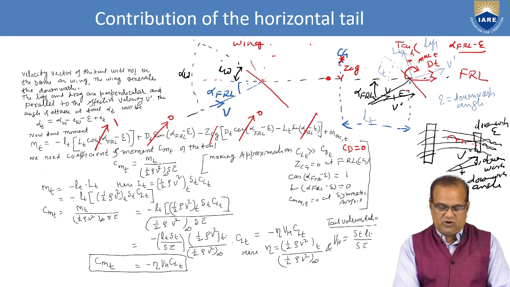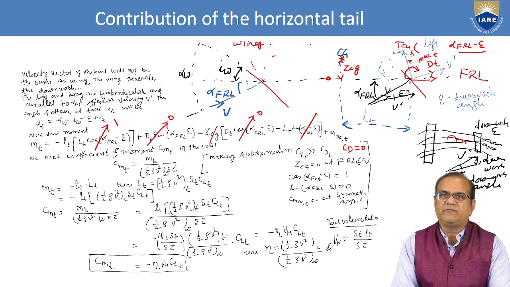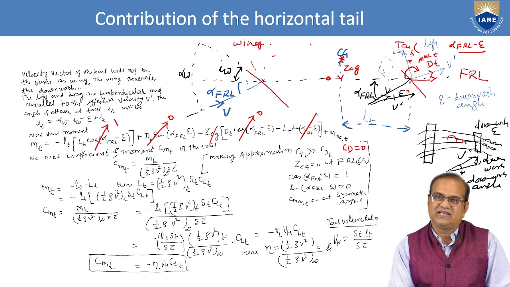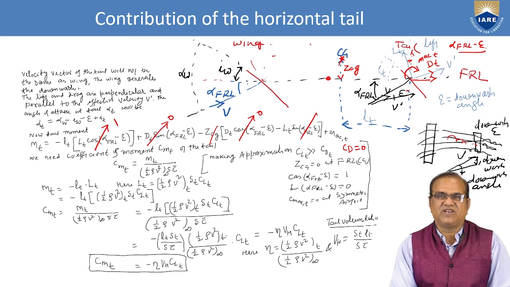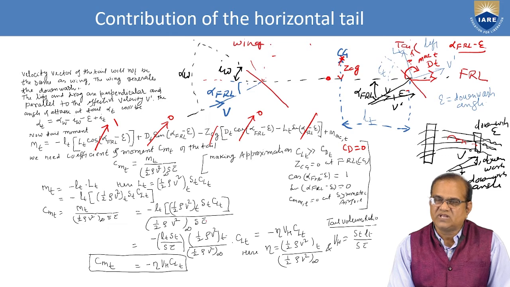So now CMT is equal to MT divided by half rho V square infinity S C bar, is equal to minus lt half rho V square T St into CLT divided by half rho V square infinity S C bar. This infinity indicates the wing, because the wing is experiencing a free stream velocity, S is the area of the wing, and C bar is the mean chord of the wing.